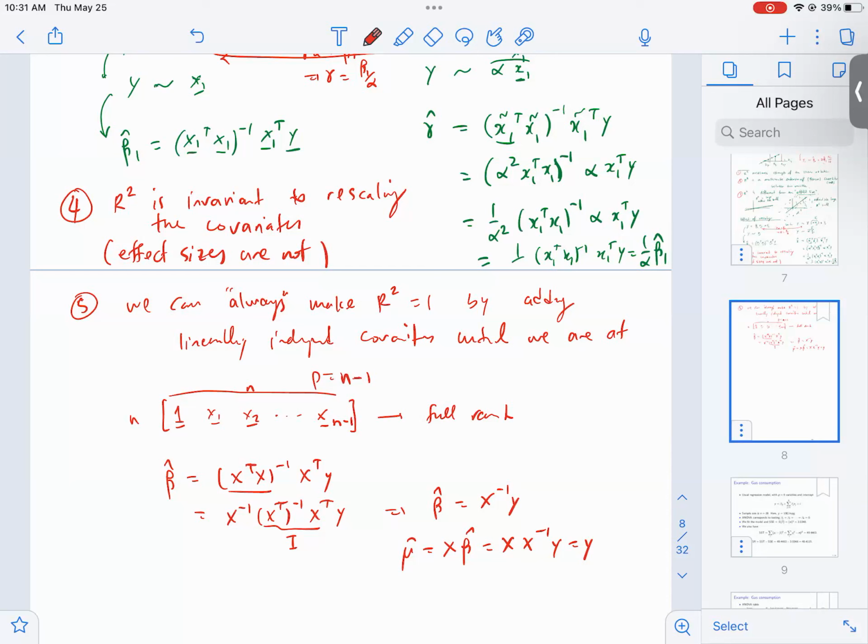So this is not necessarily good. Why is it not necessarily good? Anyone know why? Keep adding covariates until you hit r squared 1 is not necessarily ideal.